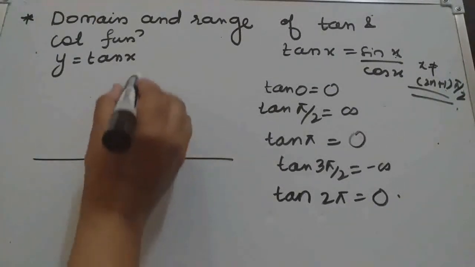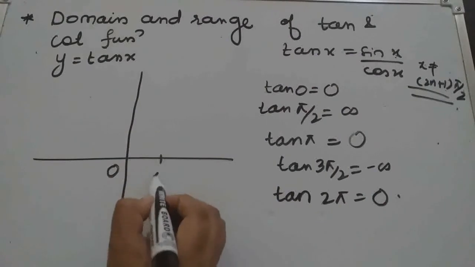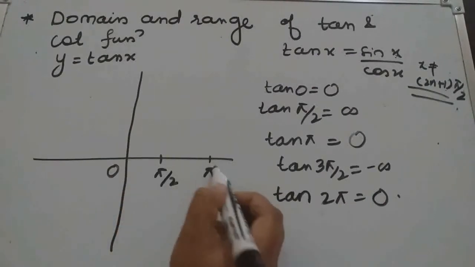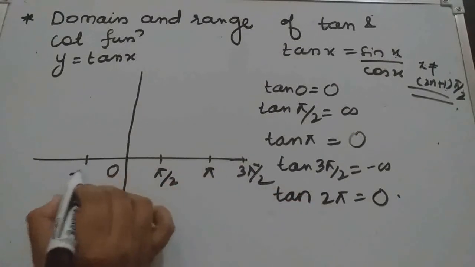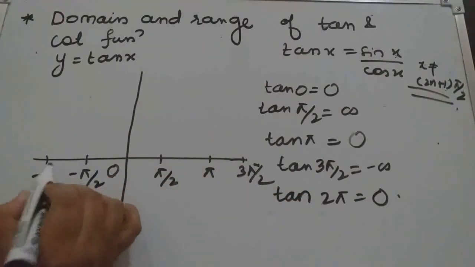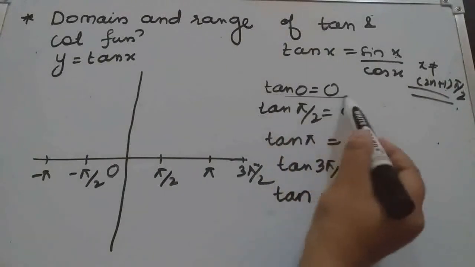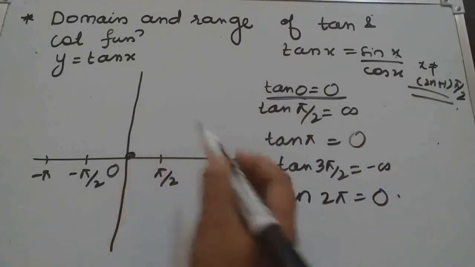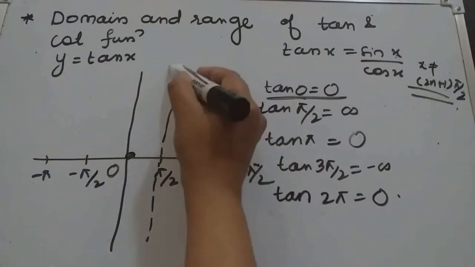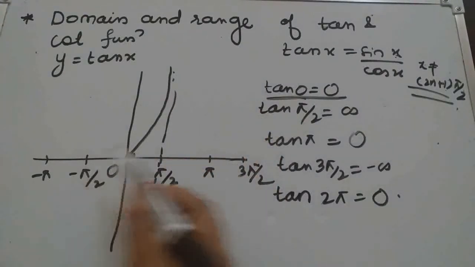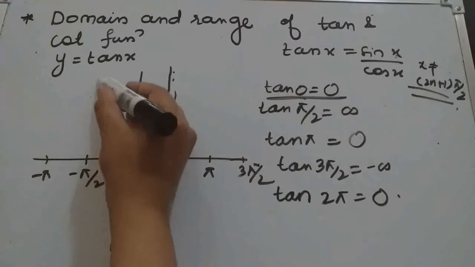Straight line. 0, pi by 2, pi, 3 pi by 2, minus pi by 2, minus pi. See, at 0 it is 0, yes, but at pi by 2 it is infinity, so this value will come. At minus pi by 2 it will be minus infinity, isn't it?